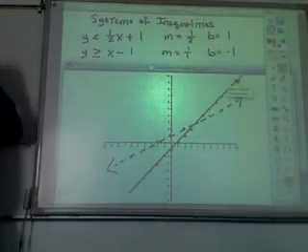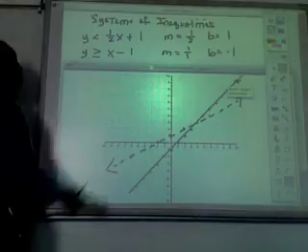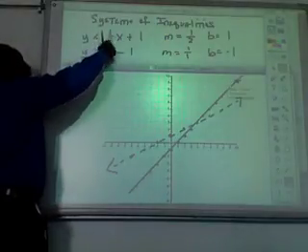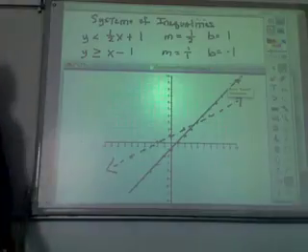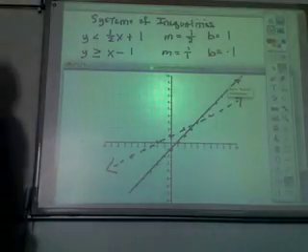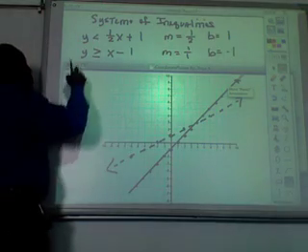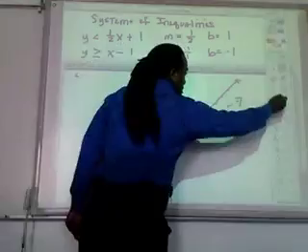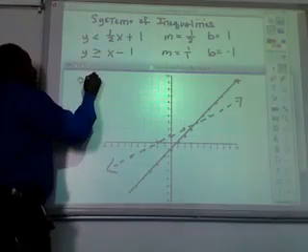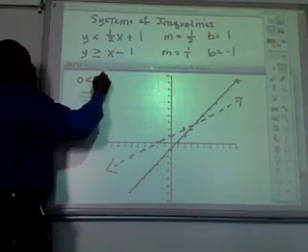If I test the shade for my first inequality, which is y is less than 1/2 x plus 1, I substitute my test point. Can I use the origin? Yes, because neither line passes through it. Therefore, if I plug in 0, it's 0 is less than what? 1.